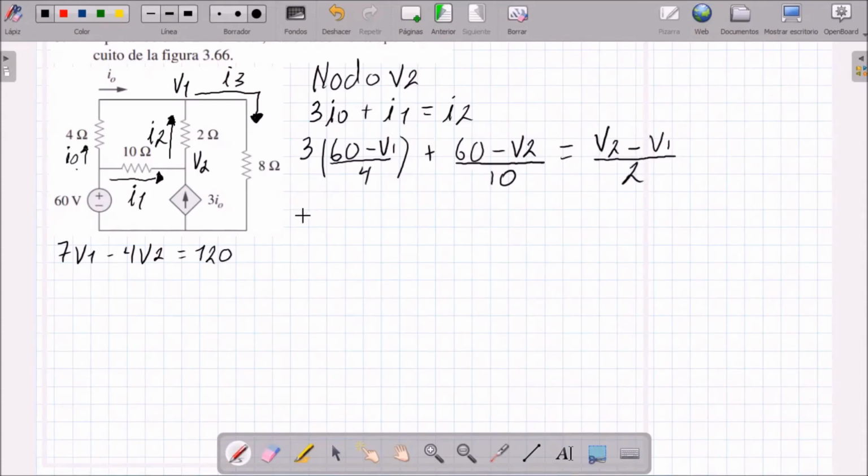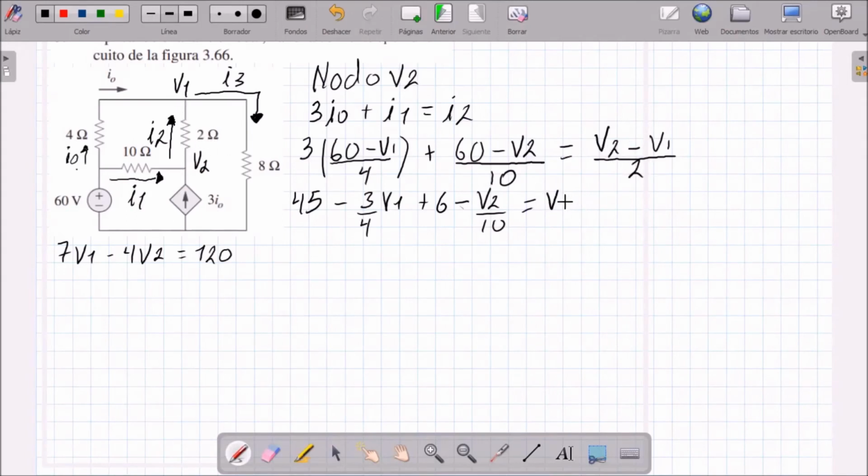So, we apply something. Here we have 3 times 60 divided by 4, which would be 45, minus 3/4 of B1. 6 over 10 would be 6, plus 6 minus B2 over 10 equals B2 minus B1 over 2.